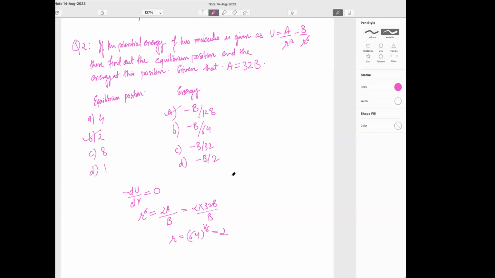So we get 2. And energy, so we need to find out energy when R is 2A by B.